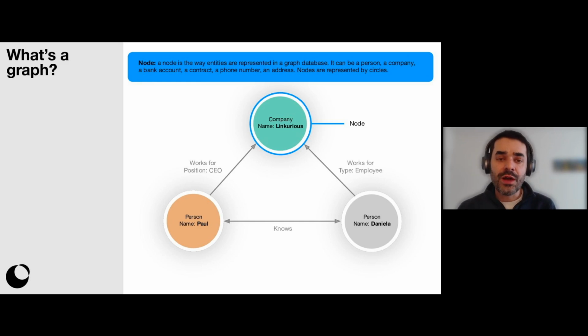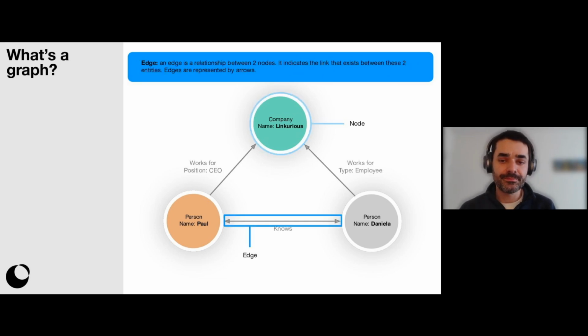Within a graph, there are nodes. A node is really a way to represent an entity in a graph database. It can be a person, a company, a bank account, a contact, a phone number, an address. And in this context, the nodes of the graph are presented as circles. In a graph, you also have edges.